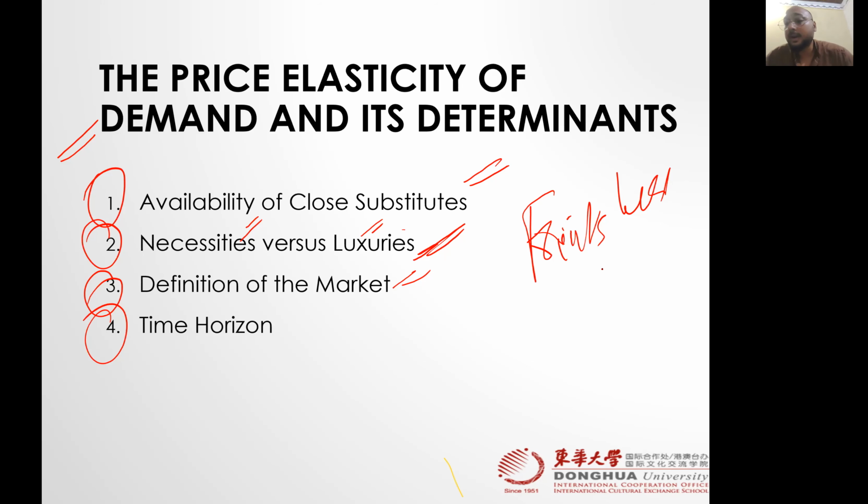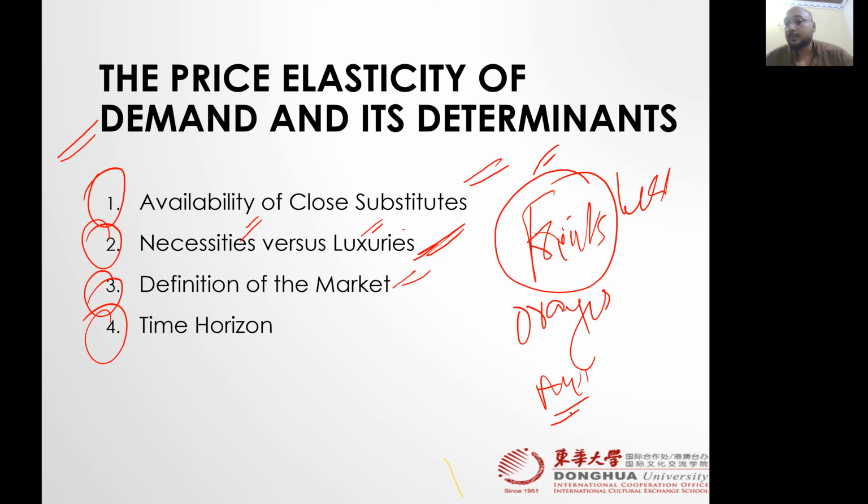Why? Because we didn't segregate that, because we don't have a substitute for fruits. And if I talk about oranges, we do have a substitute for oranges, vitamin C, right? We have different vegetables, we have vitamin C, we have different stuff. So if the market is broader, fewer substitutes available, inelastic.